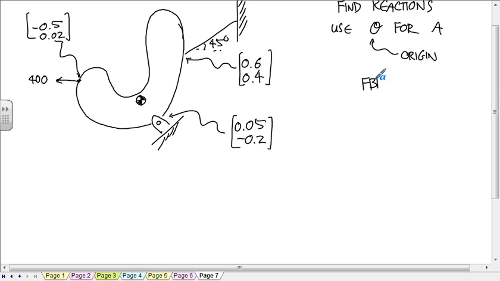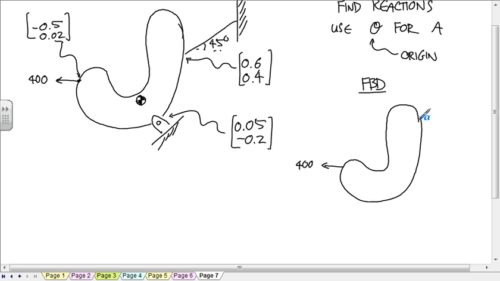Okay, so free body diagram. We have the 400 Newton force to the left. The cable force is away from the chosen body, so tension that way. There's a weight force of 20 kilograms times 9.81, so 196.2.